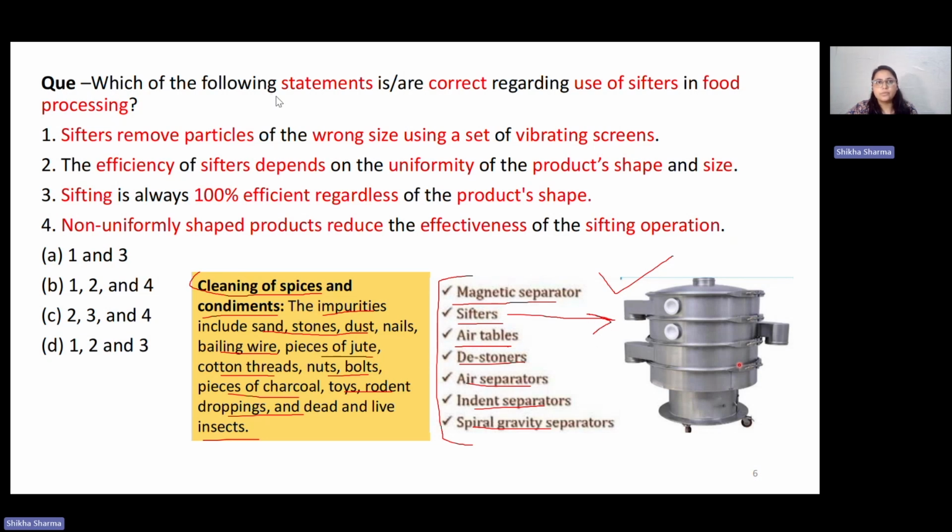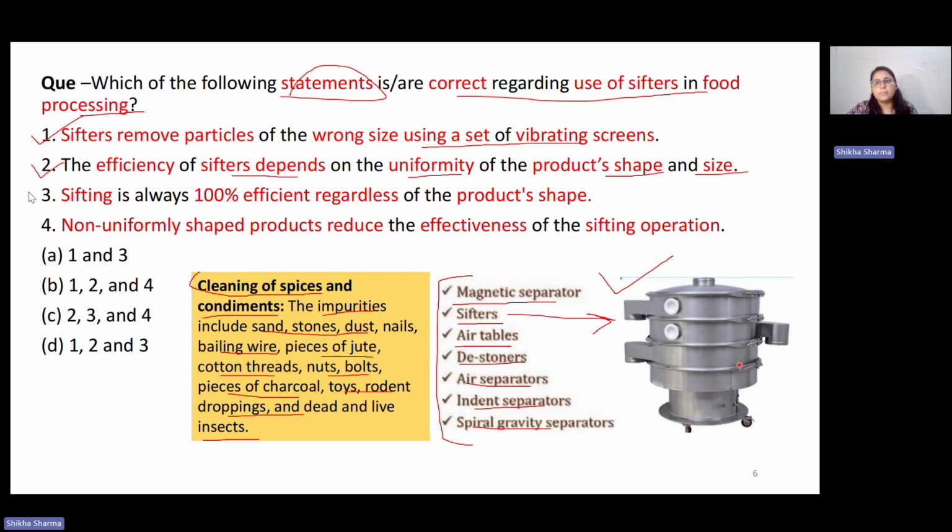Which of the following statements is correct regarding the use of sifters in food processing? We have four statements. Sifters remove particles of the wrong size using a set of vibrating screens. The second statement says that the efficiency of the sifter depends on the uniformity of the product shape and size.